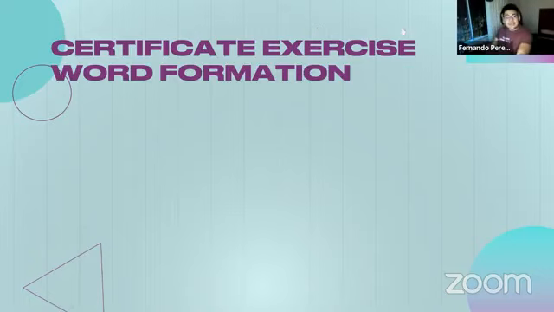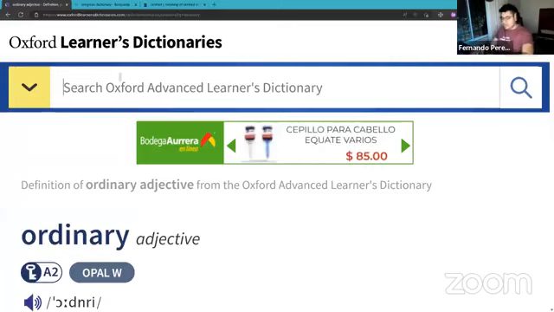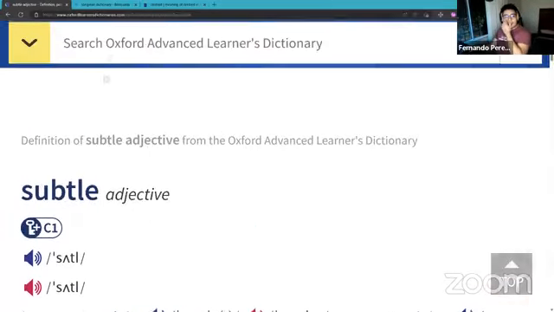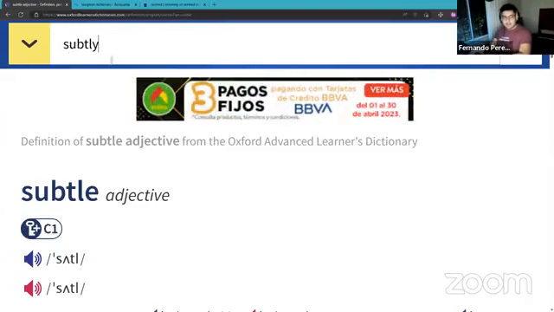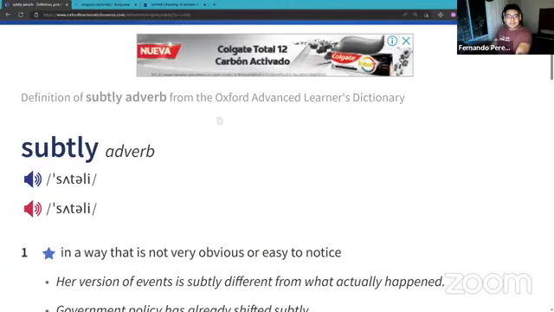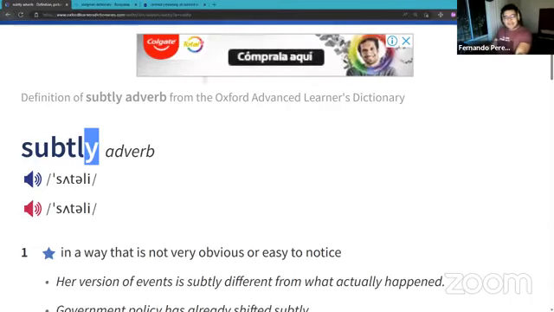Many people confuse, let's say an example, the word subtle, right? With the word subtly, which is going to be a challenge because they look very similar and only one letter changes.